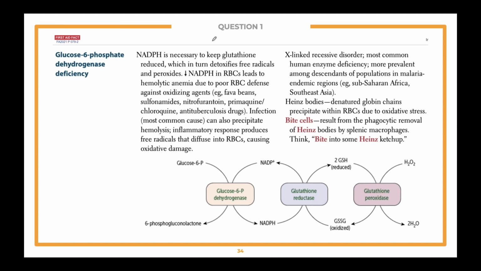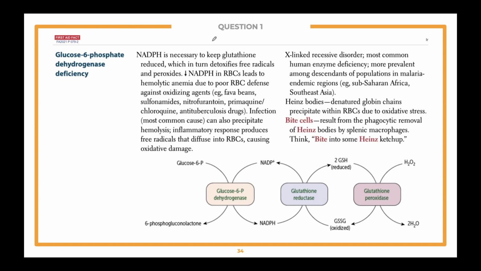So because you have too much oxidized glutathione, you're not able to take care of that oxidative stress. So what ends up happening is you end up having destruction or hemolysis of those red blood cells. So this is what's going on in G6PD.